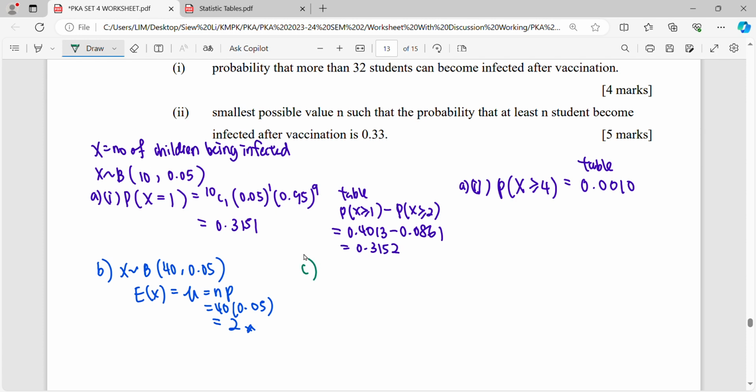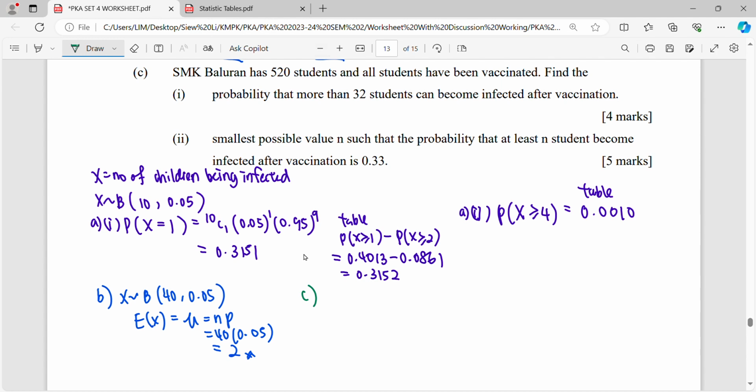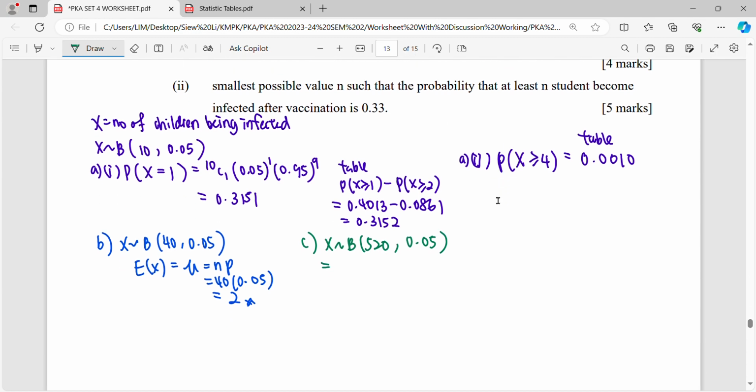Then when you come to question C, now they are up to the sample of 520. So find the probability more than 32 are infected. So still talking about infected. First one, we analyze the first condition: when n is large, it fulfills your situation, right?